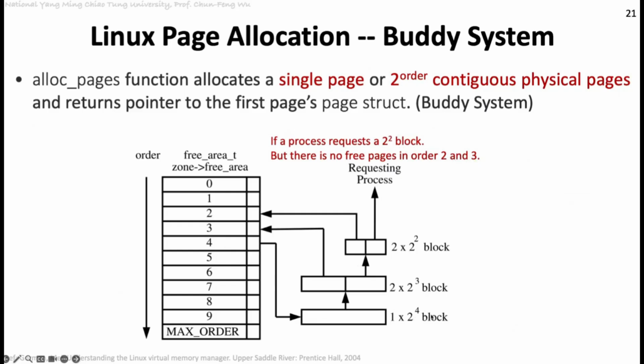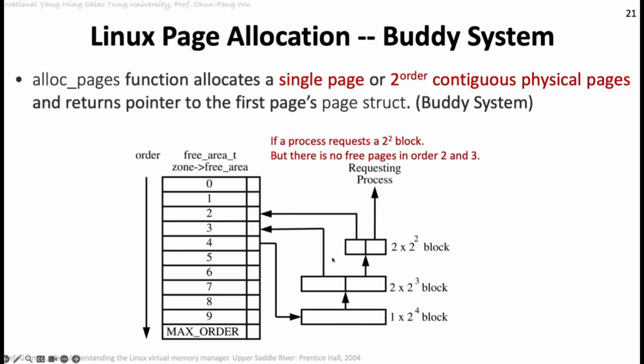Here, block and page can be used interchangeably. So block means pages. For level 4 here, the kernel will directly get 16 pages. But we will break this 2 to the 4 in half. After breaking it in half, we keep a 2 to the 3 at the order 3 layer, and we move the other 2 to the 3 to the lower layer.